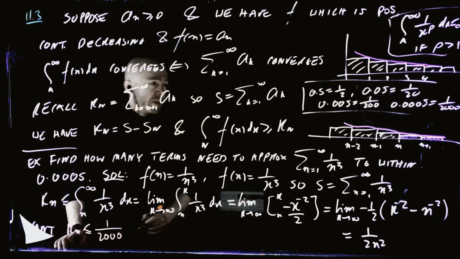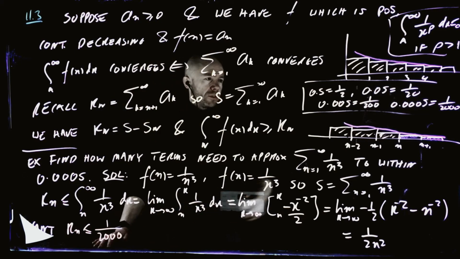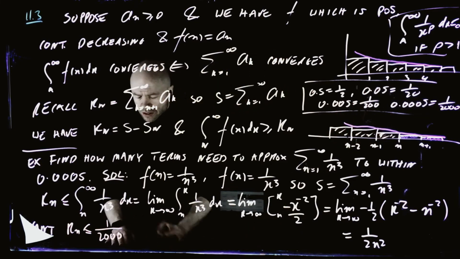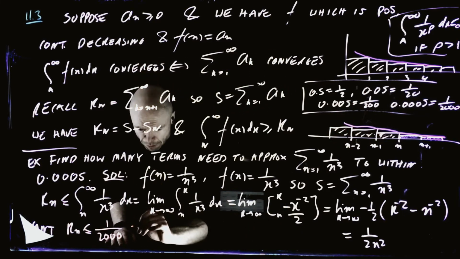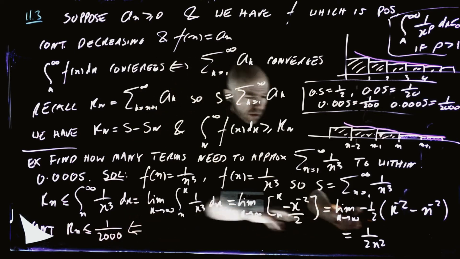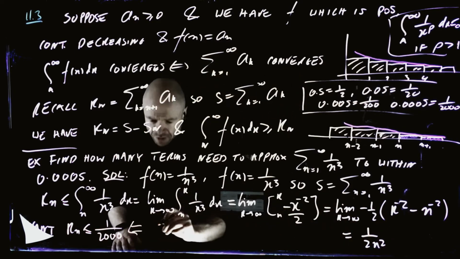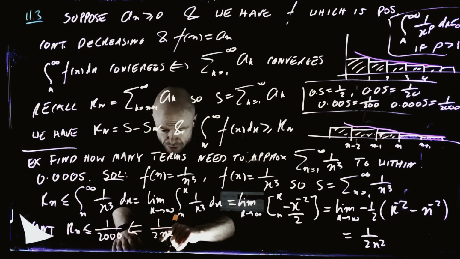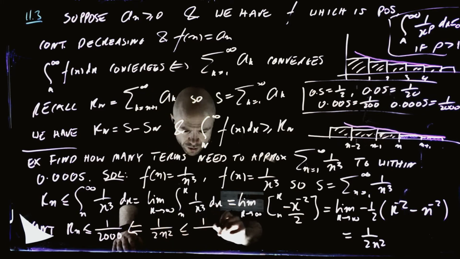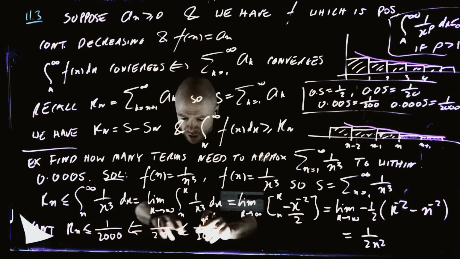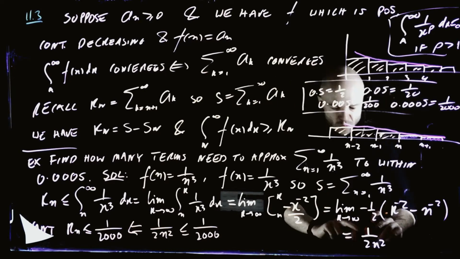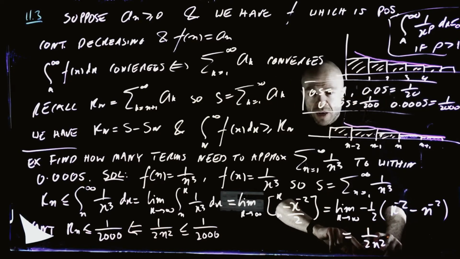Let's double check. Yes, looks good. So that is implied by having that this thing is less than that amount. So if 1 over 2n squared is less than 1 over 2000, this would imply it, because we have this estimate that Rn is less than 1 over 2n squared.